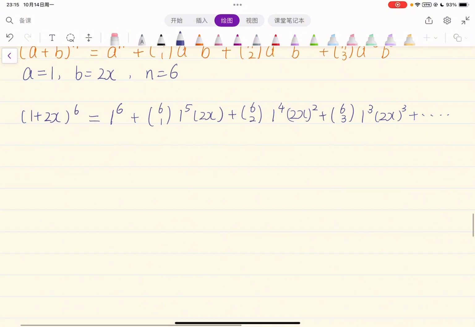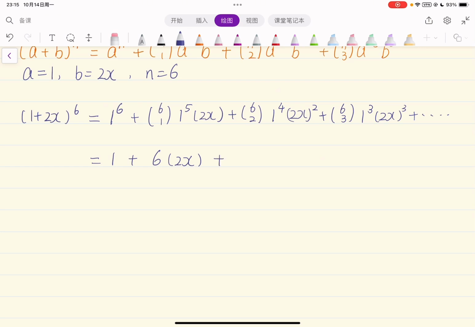Now we rearrange that. We have 1 plus 6 times 2x. You can use a calculator to calculate 6 choose 1, 6 choose 2, and 6 choose 3, or maybe you want to use the factorial notation.